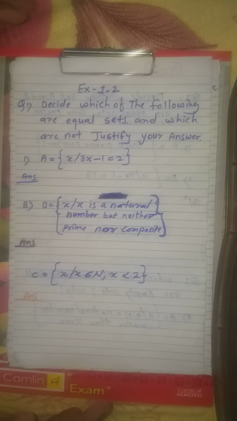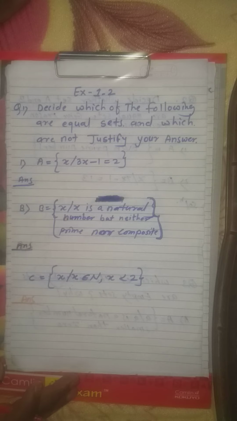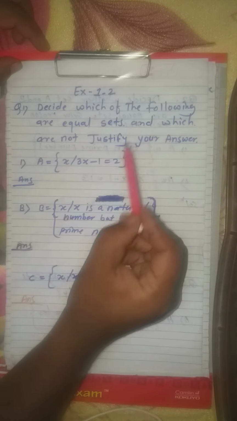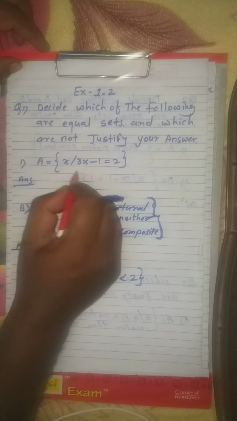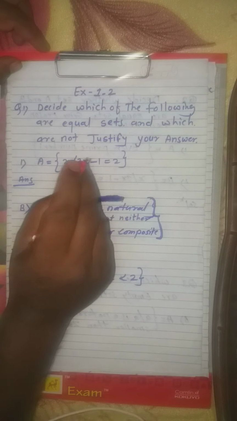Now dear students, we are going to solve exercise number 1.2. The first question of exercise 1.2 is: decide which of the following are equal sets and which are not. Justify your answer. Set A is equal to x such that 3x minus 1 is equal to 2.